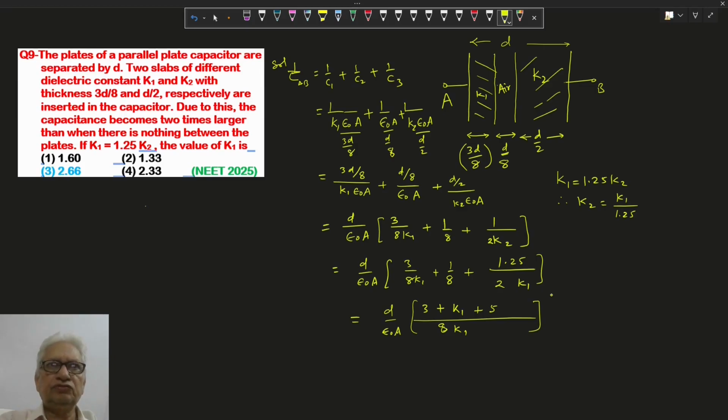And the effective capacitance is double of the original, epsilon naught A upon d.